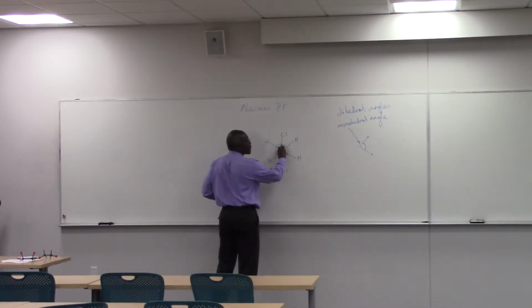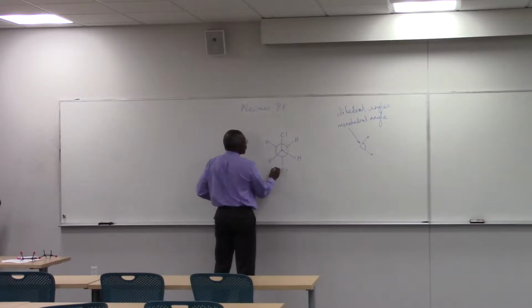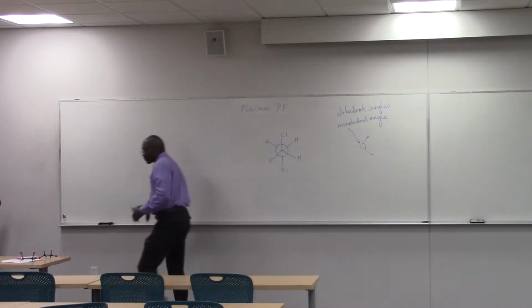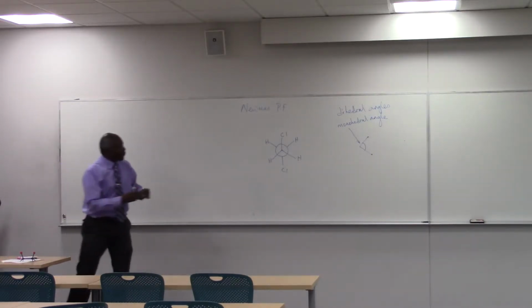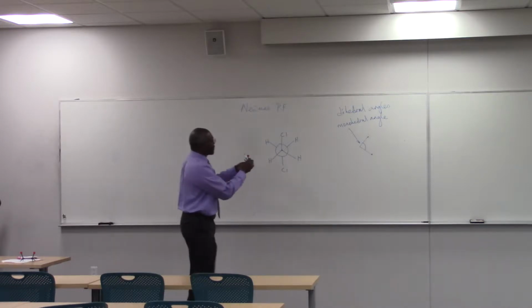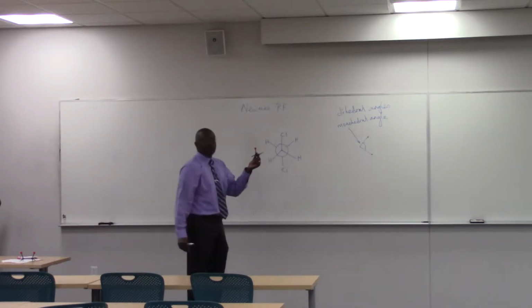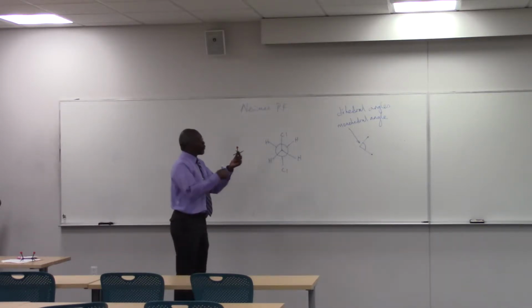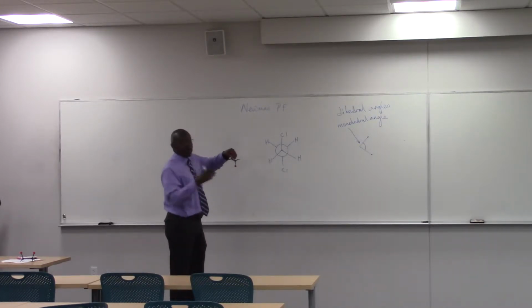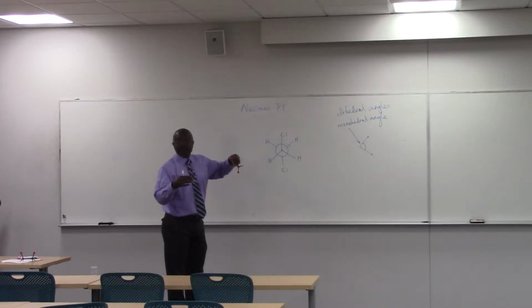Let's say we're going to go this way, anti-clockwise. So I will hold the front carbon stationary, and I'm going to rotate the back carbon counterclockwise. And I'm going to do it in increments of 60 degrees.